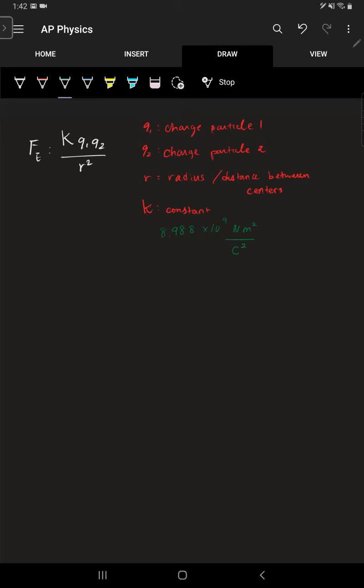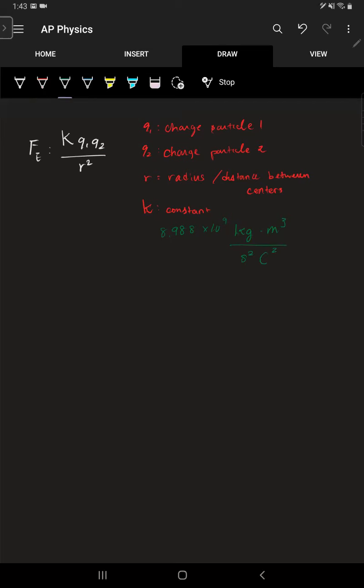Maybe I am incorrect. Okay, let me rewrite this. It's actually, the units are the only thing wrong. Newton, kilogram meters cubed divided by second squared Coulomb squared.